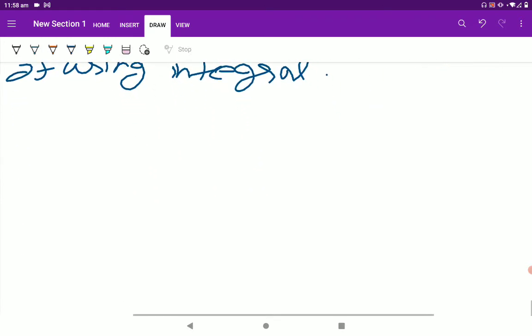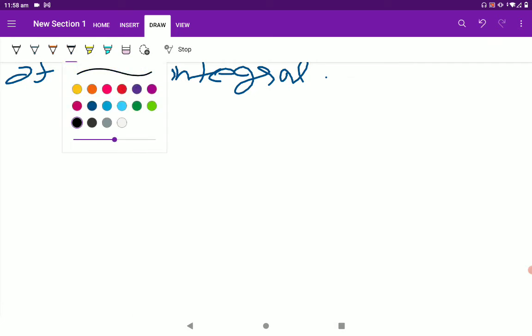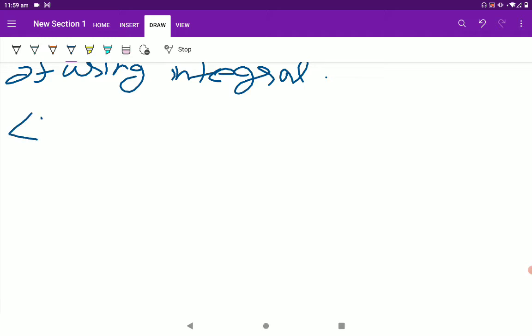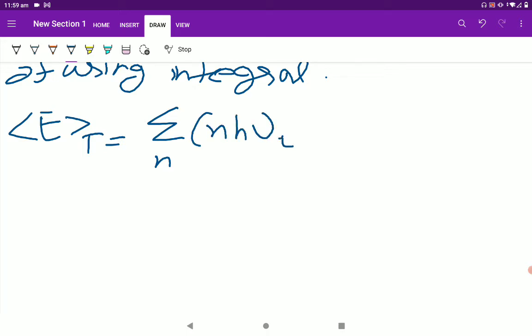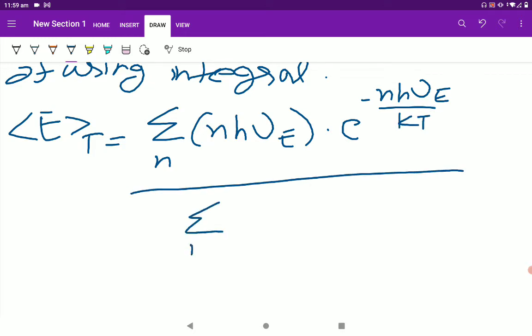So the expression becomes something like this. The average energy is given by this summation over n, n h mu e divided by the probability of finding that energy state, e to the power minus n h mu e by kT.